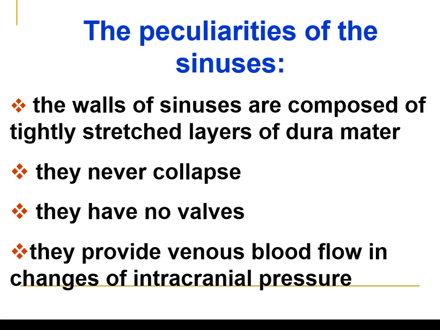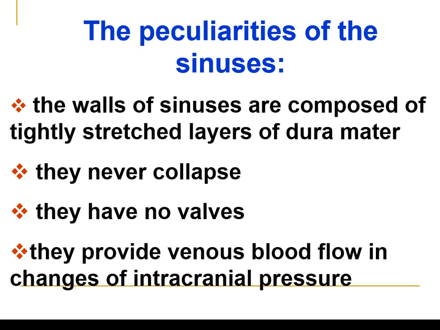Characteristics or peculiarities of the sinuses of the dura mater. The walls of the sinuses are composed of slightly stretched layers of the dura mater. They never collapse. They have no valves.